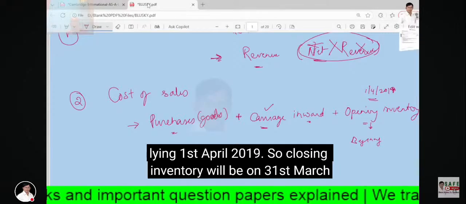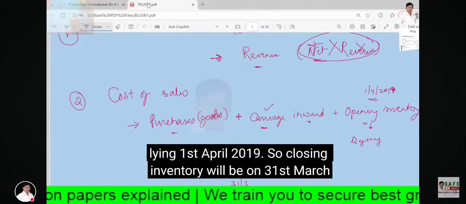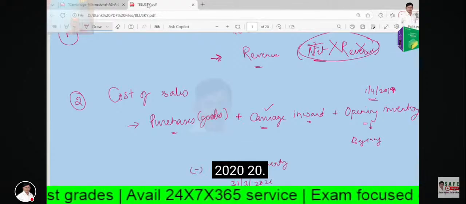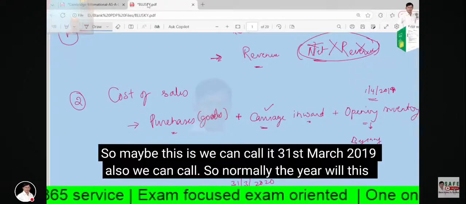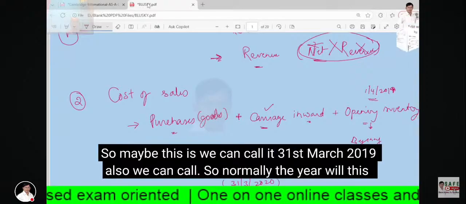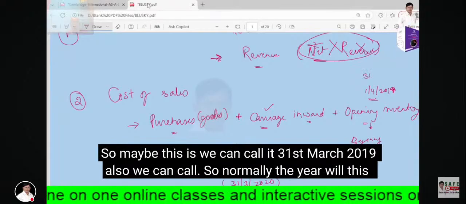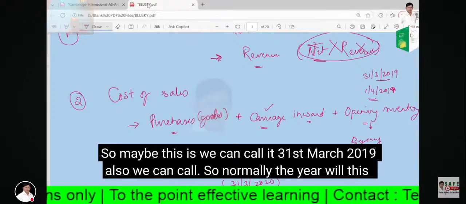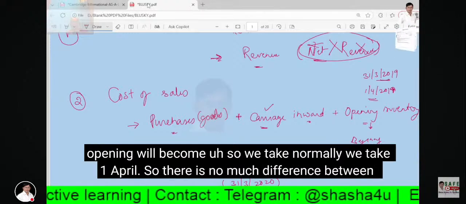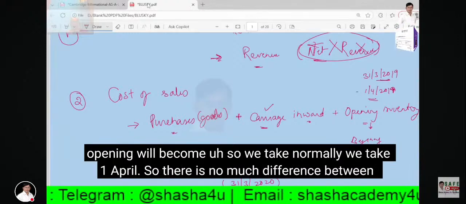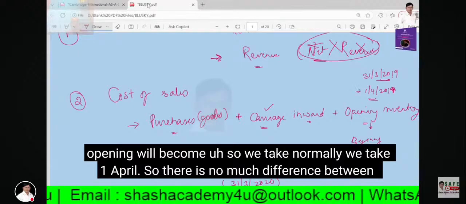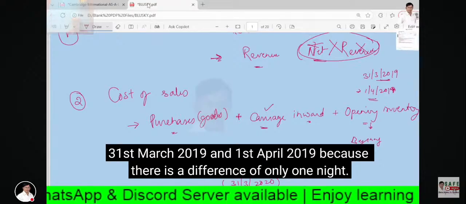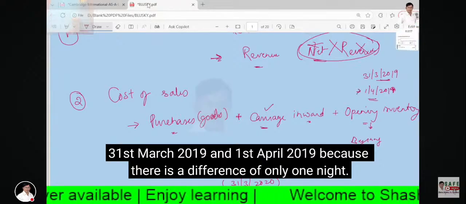Closing inventory will be on 31st March 2020. We can also call the opening 31st March 2019, but normally we take 1st April, as there is no much difference, only one night.